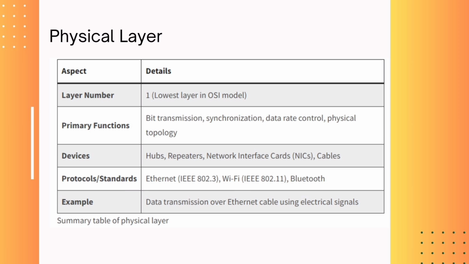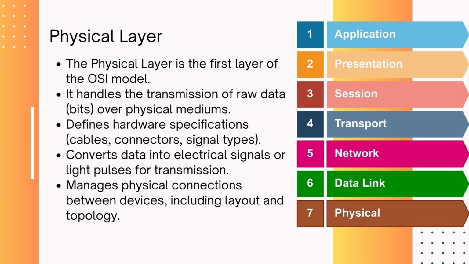It is responsible for different types of encoding and modulation to convert our data into signals, for example non-return to zero and Manchester. It is also responsible for synchronization, to synchronize one device with the other device.